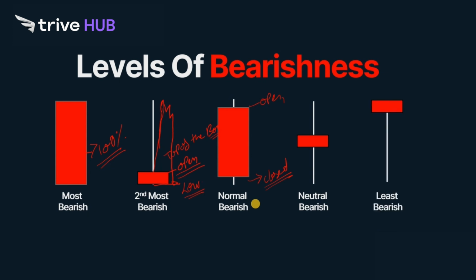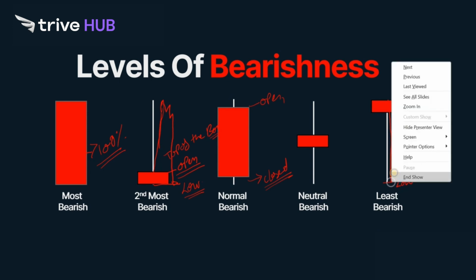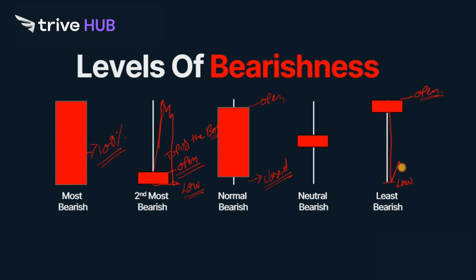Least bearish candle. You have a pretty good idea why this candle is the very least bearish. The price has opened here at the top and sellers pushed down the price all the way to this low, but buyers again came into the market and they recovered this fall and managed to close near the open, but they were not able to penetrate this opening price.